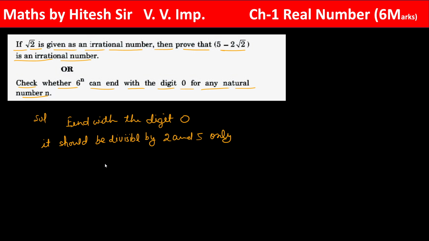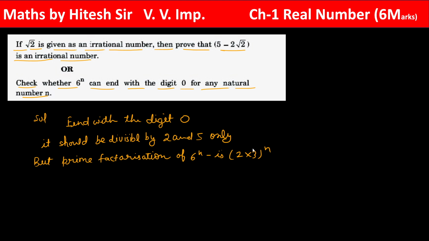Okay, but we need to find the prime factorization of 6 power n. What is 6 power n? It is 2 into 3 power n.